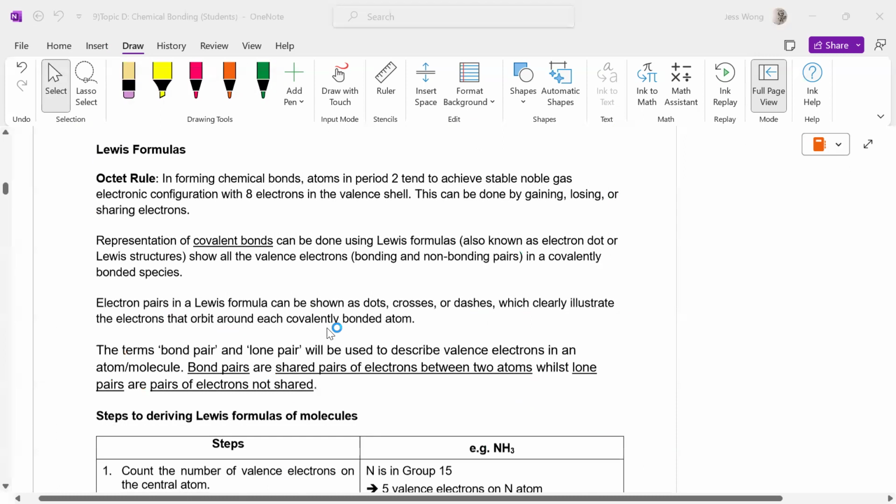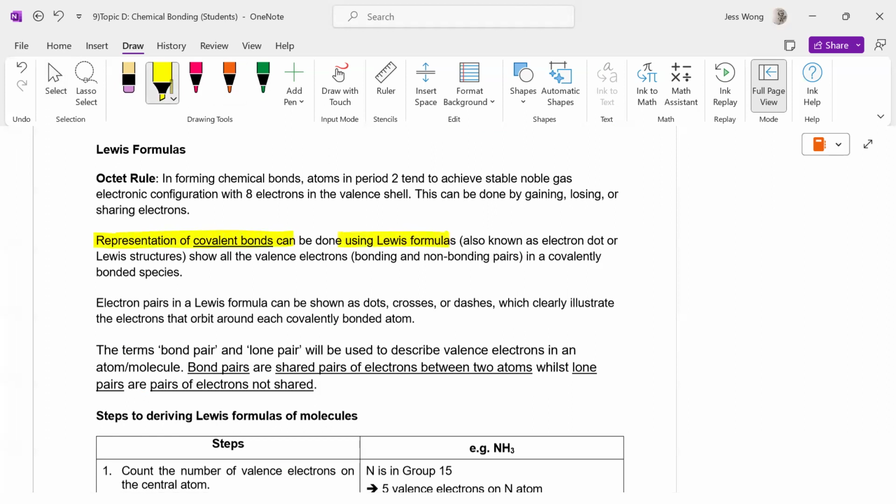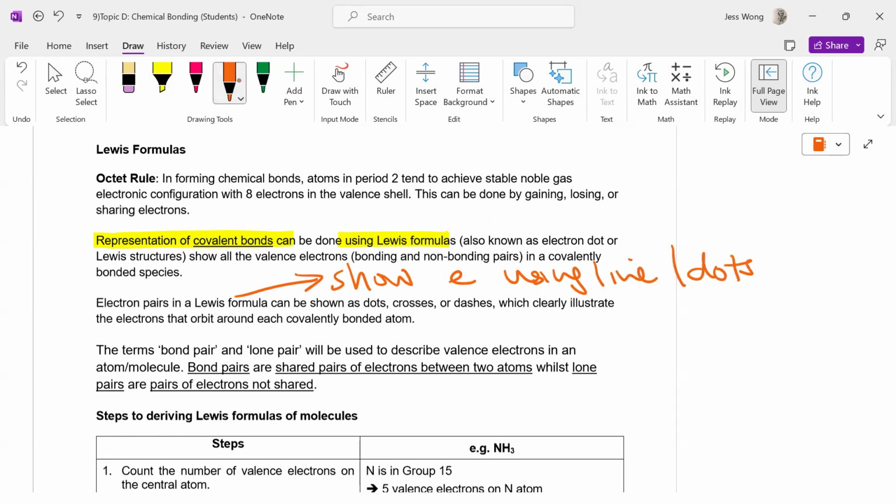Now, moving on, we know that all atoms try to attain the stable noble gas configuration by sharing electrons in covalent bond cases. So we are going to draw covalent bonds using Lewis structures. What's the difference between a Lewis structure and dot and cross? In a Lewis structure, we usually show electrons using lines, so we show electrons using lines or dots, but definitely no crosses.